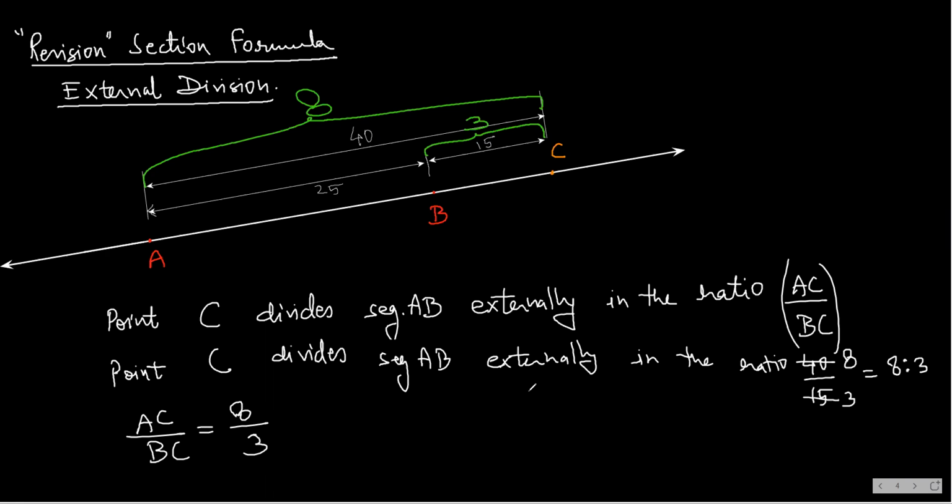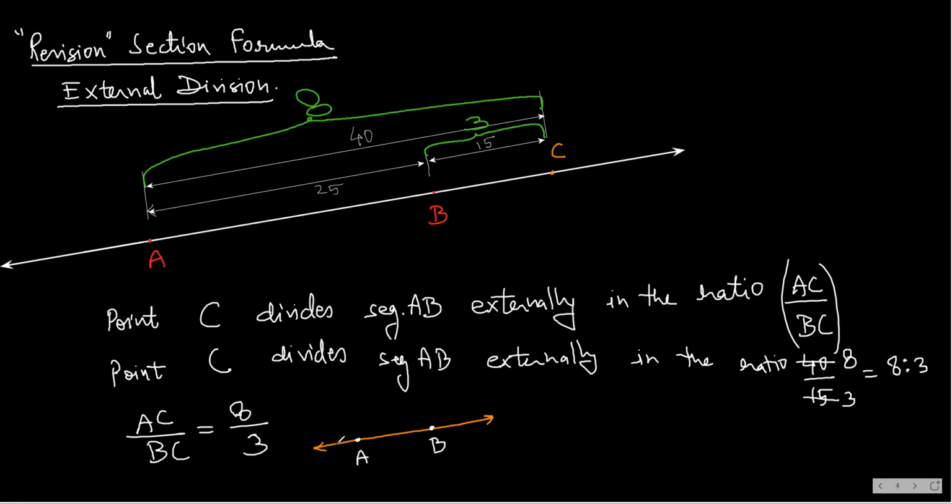So start thinking that if you have a segment, look at this diagram. If I have A here and B here, A to C is more than B to C. You see this? A to C is 8. Try understanding. A to C is 8, B to C is 3.